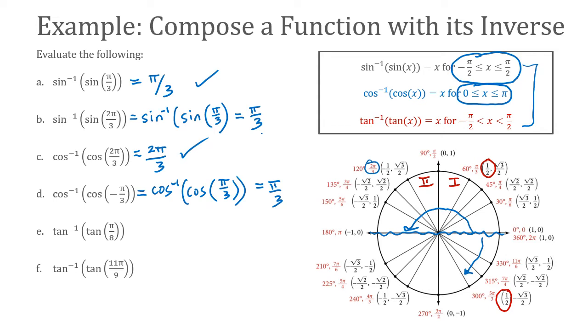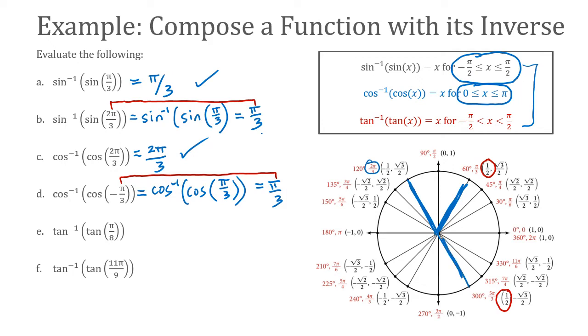Now I want to point something out to you really quick. On these ones that weren't direct, what is the relationship between 2 pi over 3 and pi over 3? And what's the relationship between negative pi over 3 and pi over 3? Do you see it? Let me erase here. So here is 2 pi over 3, here is 1 pi over 3, and here is negative pi over 3.